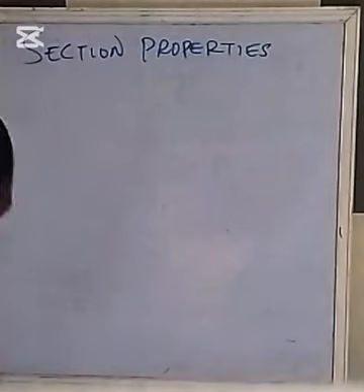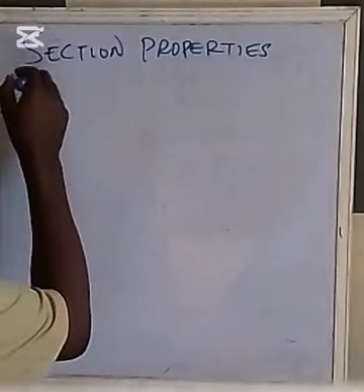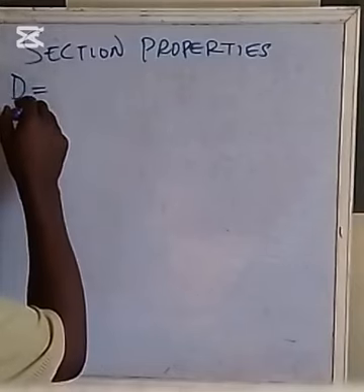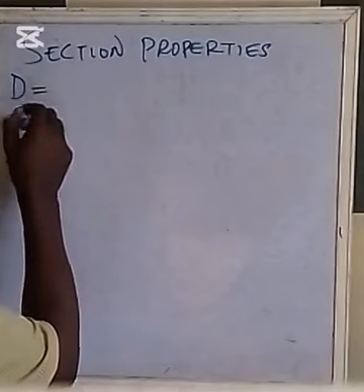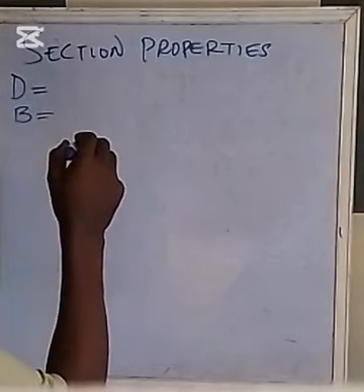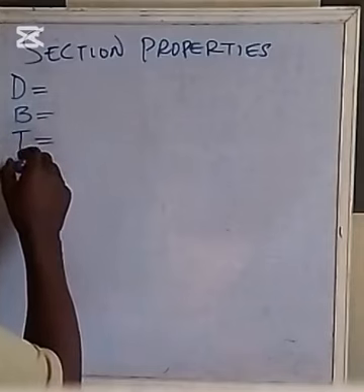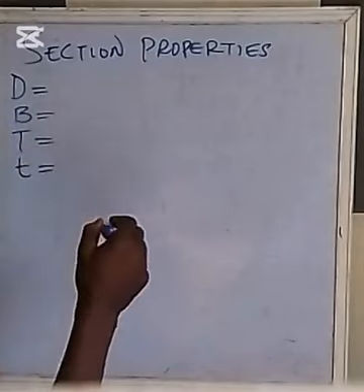From the steel table, we are going to write out the depth of the section, the breadth or the width of the section. We are going to write out the thickness of the flange, the thickness of the web.